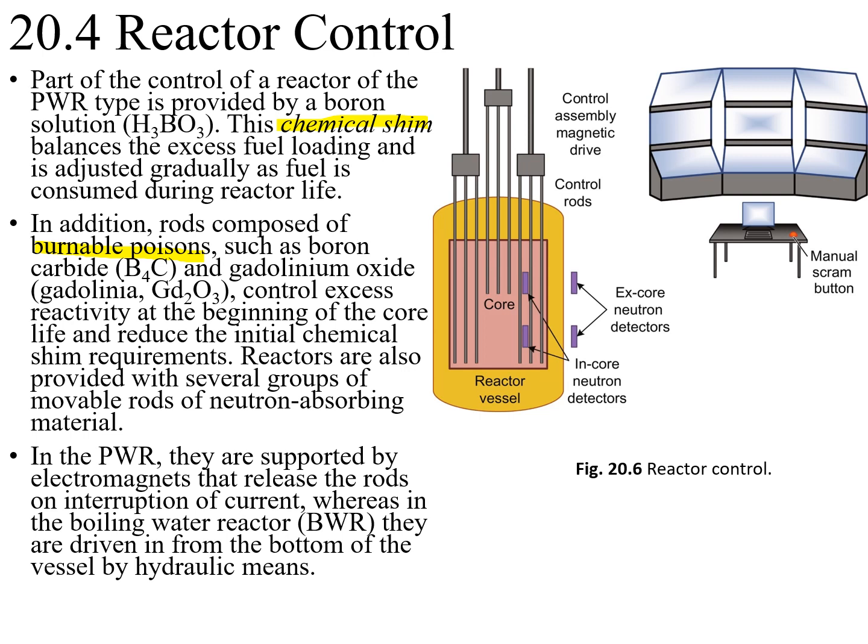In addition, the reactor is also controlled with several groups of movable rods. That is called the control rod, as shown by this figure. And those control rods can be controlled by the operator sitting in the control room.